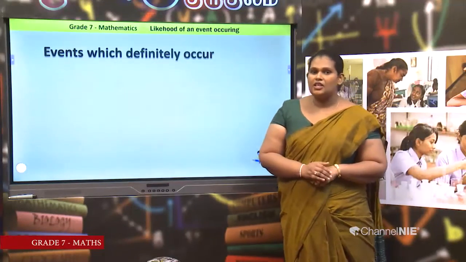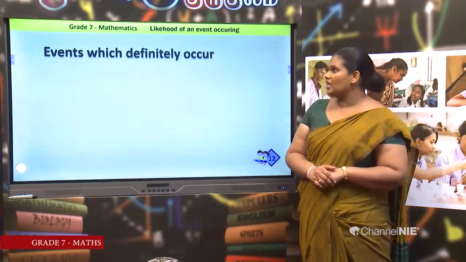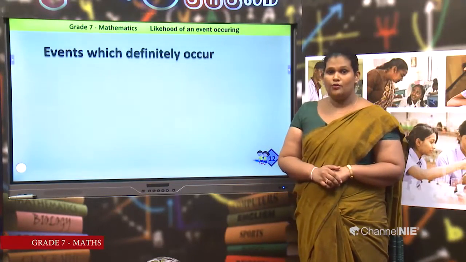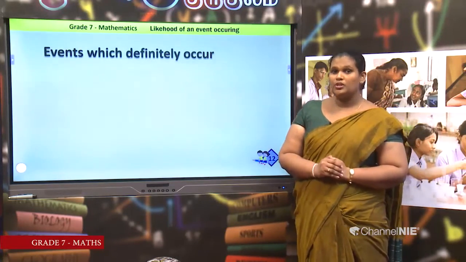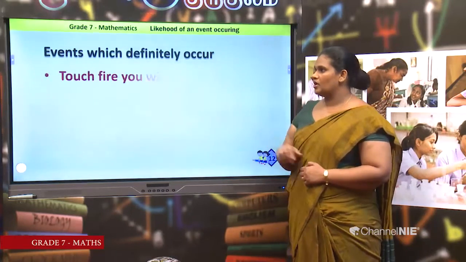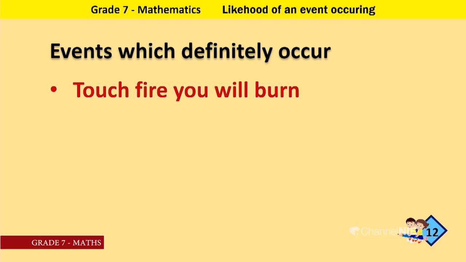We'll take each of the events now. First of all, we are going to talk about the events which definitely occur. That means we know the outcome of the event. That means we know that the event is going to happen. So, as we got in the previous slide, when you touch fire, you will obviously burn your hand.